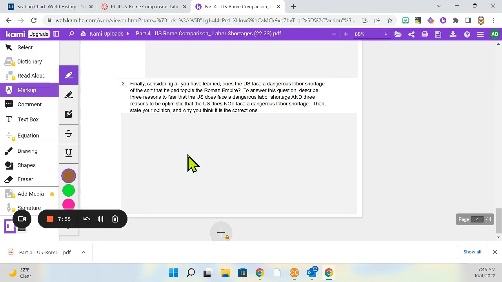Describe 3 reasons to fear that the U.S. does face a dangerous labor shortage, and 3 reasons to be optimistic that the U.S. does not face a dangerous labor shortage. Then give me your opinion and why you think it's the correct one. This is very much in that same mold of sell me a car. Give me the reasons for or against, and then hook me with a sales pitch as to why I should think your opinion is the right one.